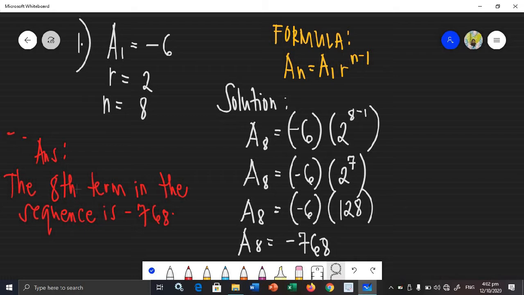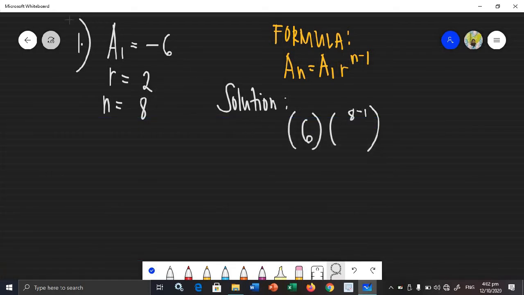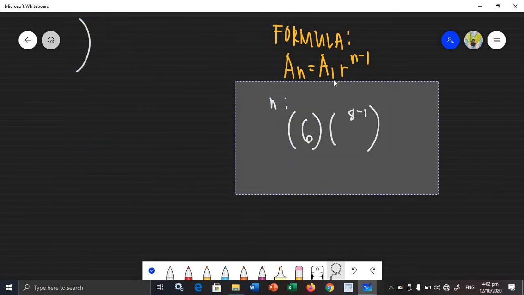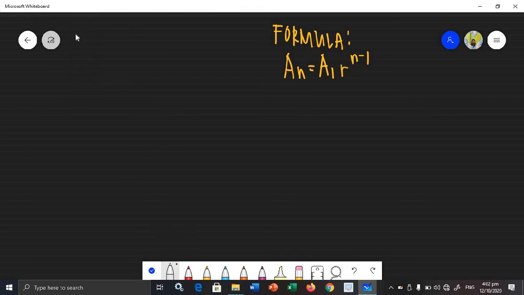And then, the second example, let's solve the given in your modules. Given number 2, sabi, find the sixth term of the geometric sequence given that a sub 1 is equal to 2, and your common ratio is equal to 3. So, we are looking for the sixth term.